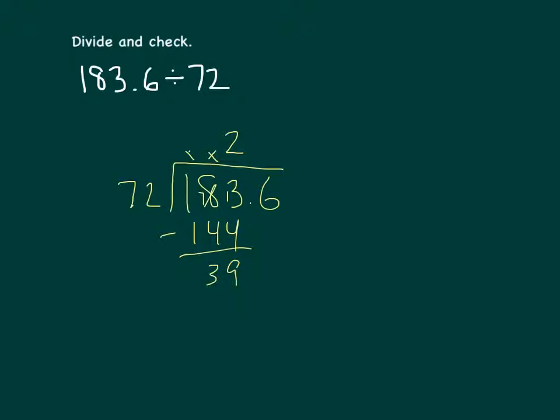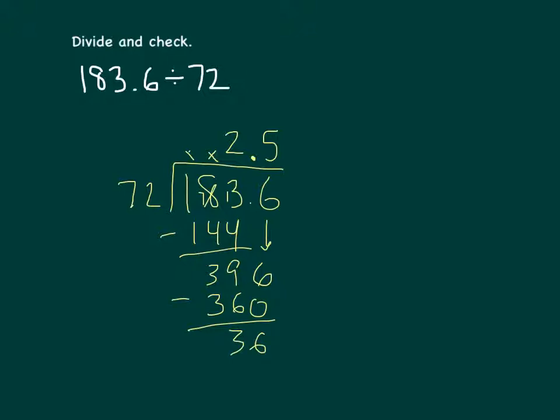I'm going to bring down my 6, and I get 396. 70 goes into 400. Don't forget my decimal point, so I hold my place value. It goes in about 5 times. 5 times 70 is 350. 6 would be 420, which would be too much. So I'm going to guess 5, and I'm going to get 360 when I multiply.